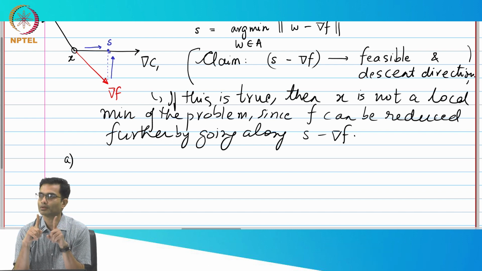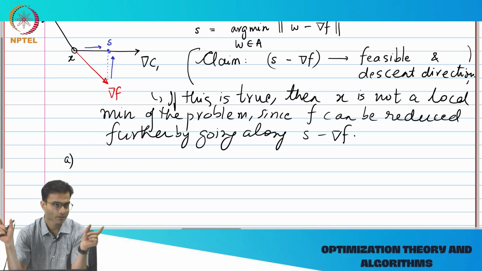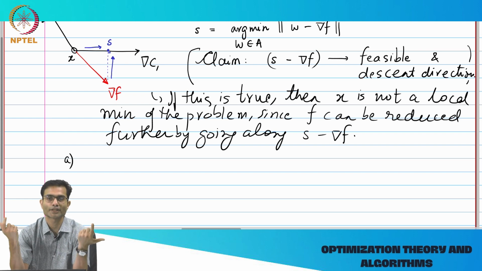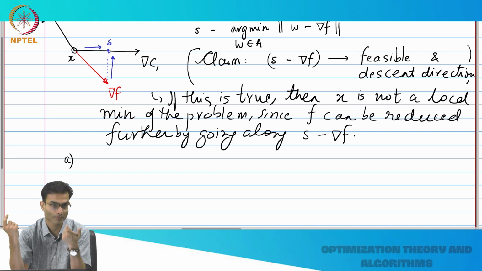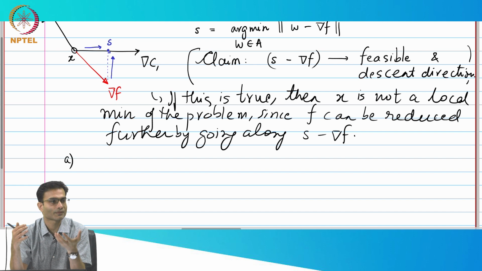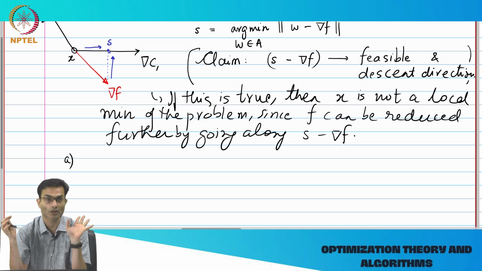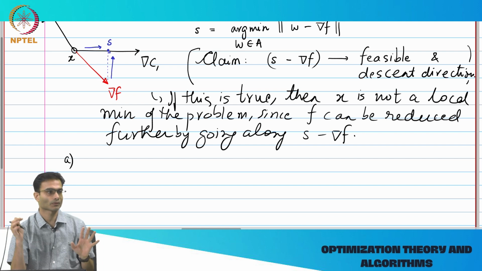What can you say about the norm of grad f and the norm of S? Norm is a scalar. Can I compare scalars? Yes. Can you think of an intuitive relation between the norm of grad f and the norm of S? The projection should have a smaller length in general than the original point. Okay, and remember I'm saying convex sets. You can have funny things happen with non-convex sets.